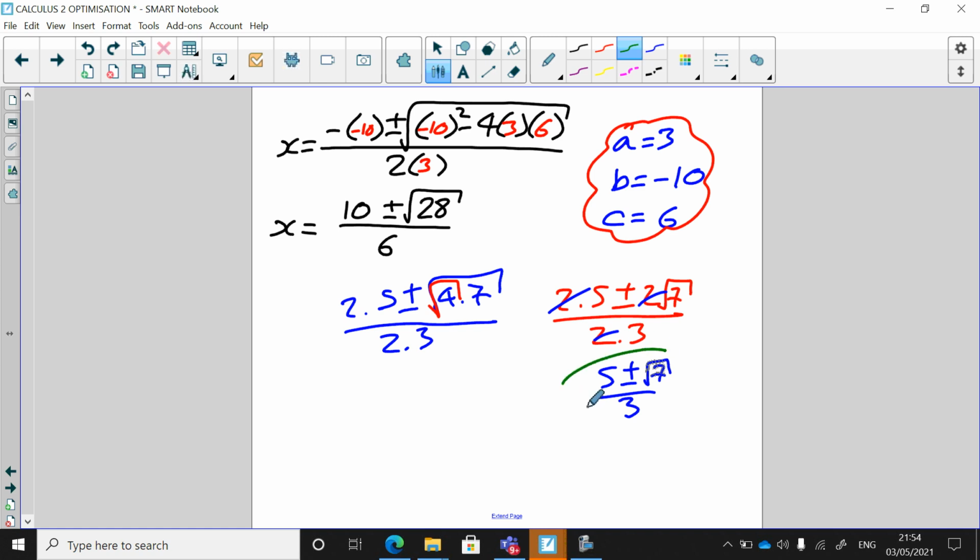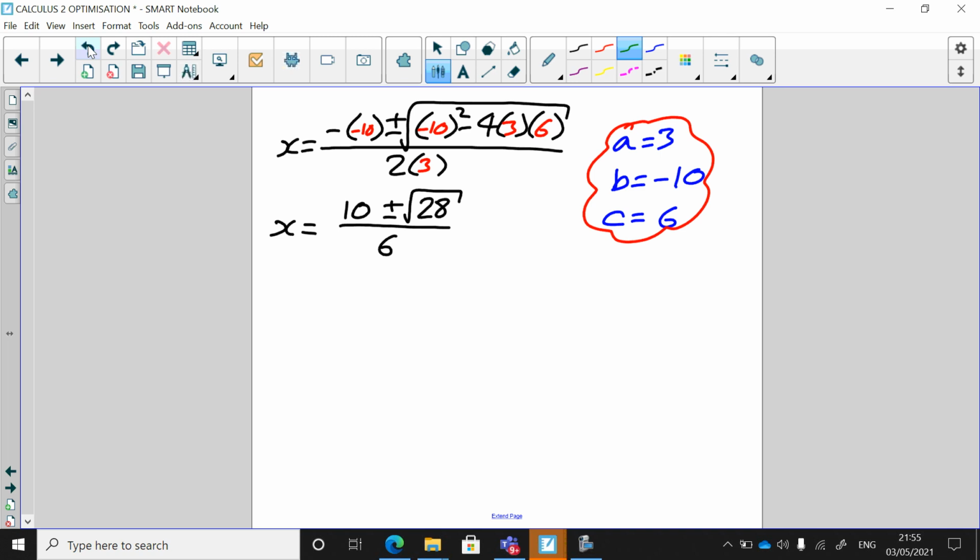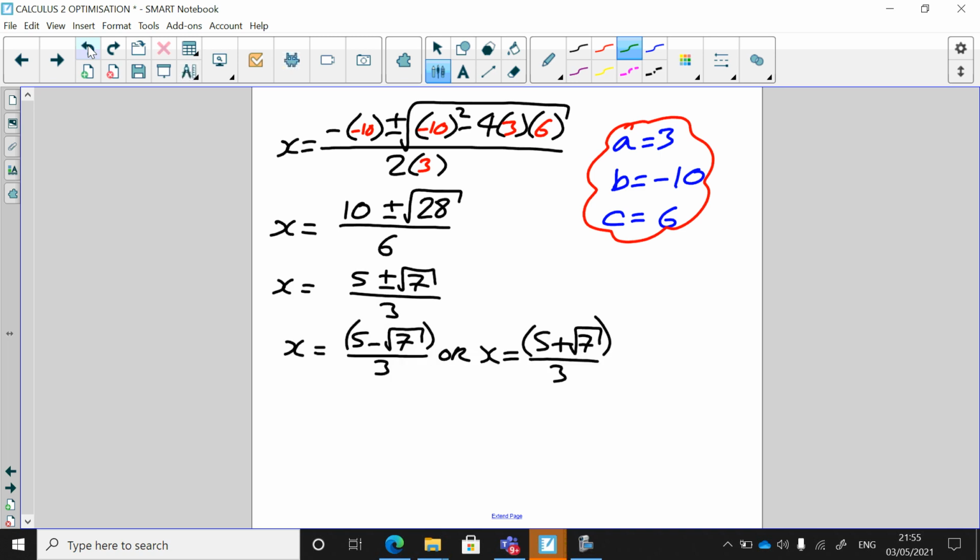Doesn't matter, just go and use your calculator and you will get both solutions. So that was just a wee reminder of how to tackle surds. Surds, how absurd are surds? So that's what I did there.